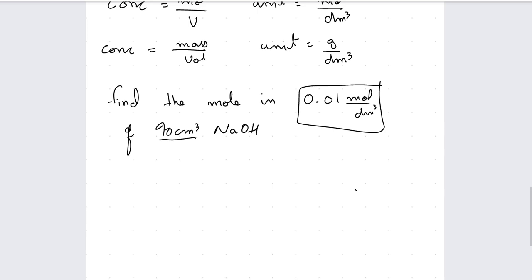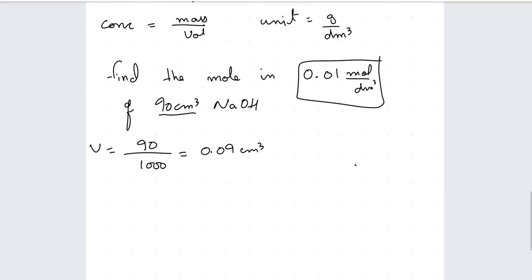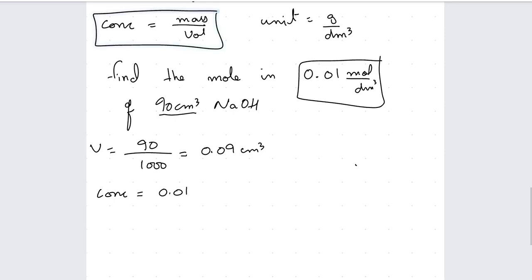So you first have to convert the centimeter cube into decimeter cube by dividing it by 1000. This is the volume. And you have the concentration already, that is 0.01. So the formula of the concentration is here, you just need to rearrange it. That is, concentration times volume is equal to mole.